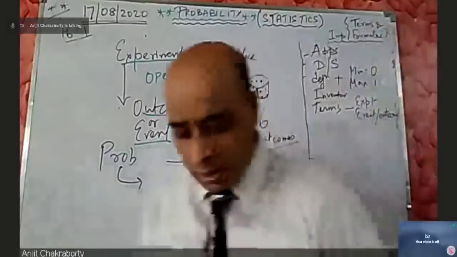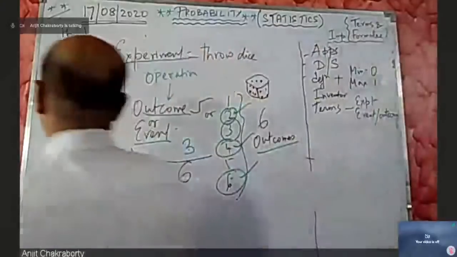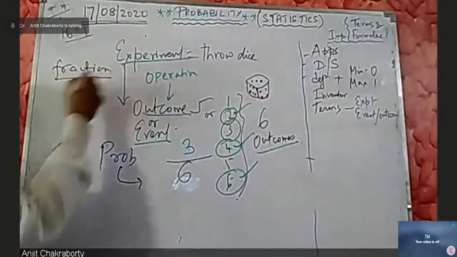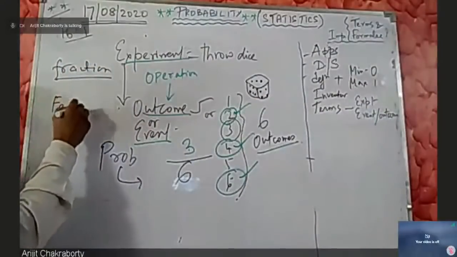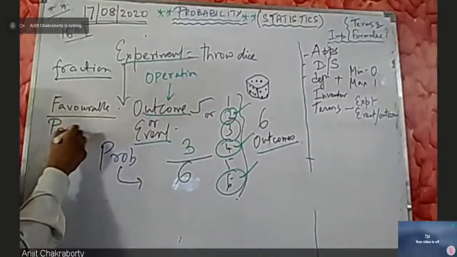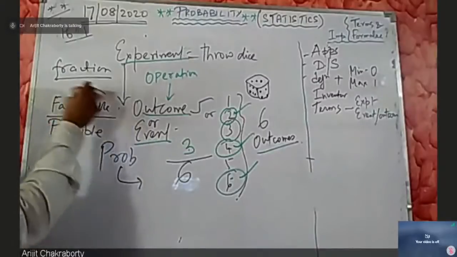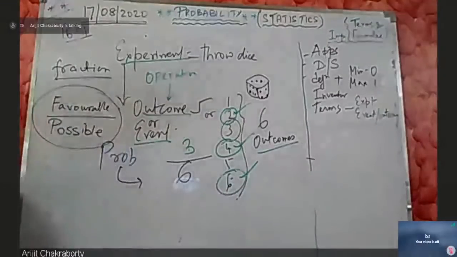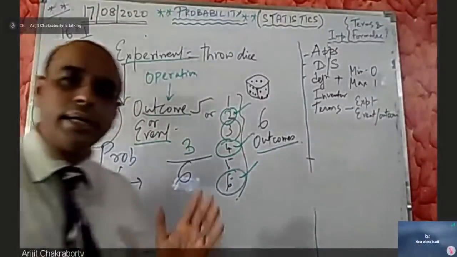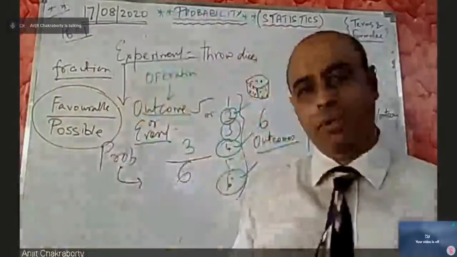So please remember, probability is a fraction and we find the favorable outcomes divided by the possible number of outcomes. Please note this: favorable by possible. Favorable number of cases divided by the possible number of cases.